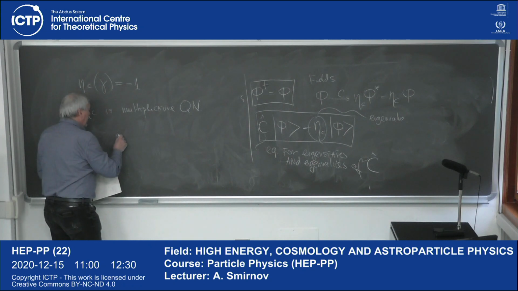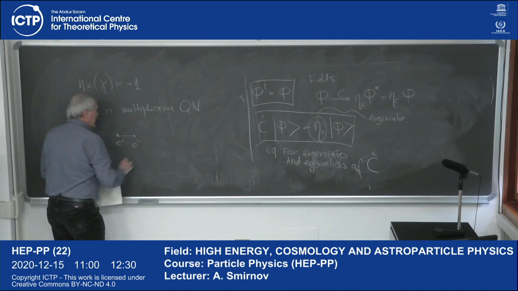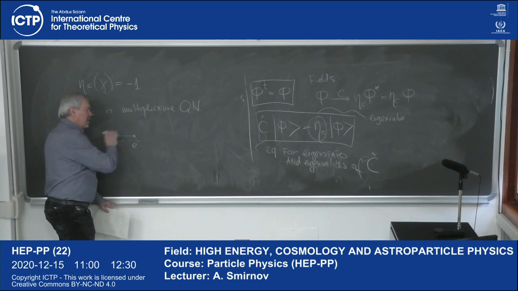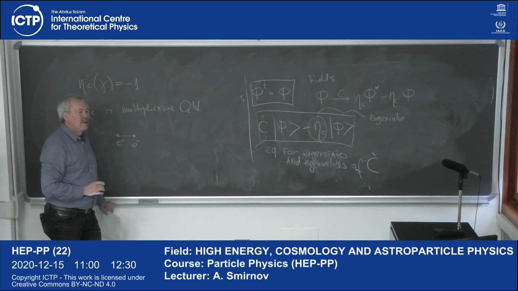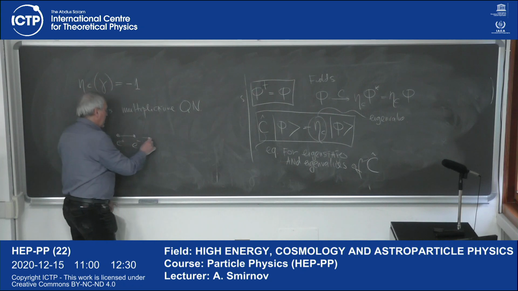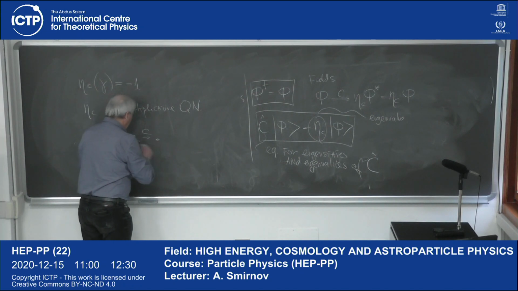So imagine that you have a composite system of e plus and e minus, positronium. Right? So this is a truly neutral system. However, if you do conjugation under C, you will get e minus and here e plus.